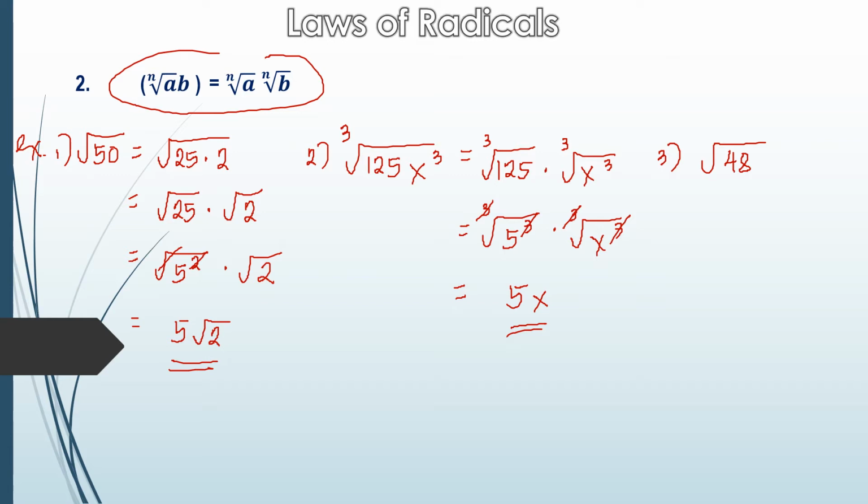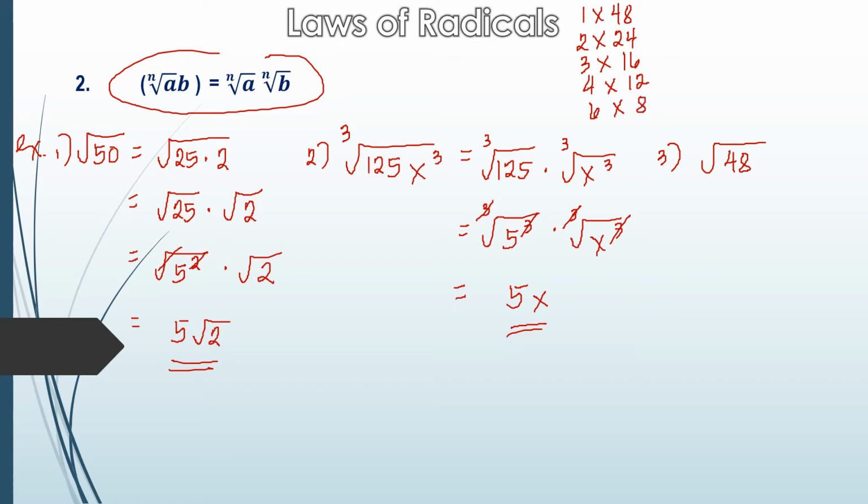So let us first identify the factor pairs of 48. The factor pairs of 48 are 1 times 48, 2 times 24, 3 times 16, 4 times 12, and 6 times 8.